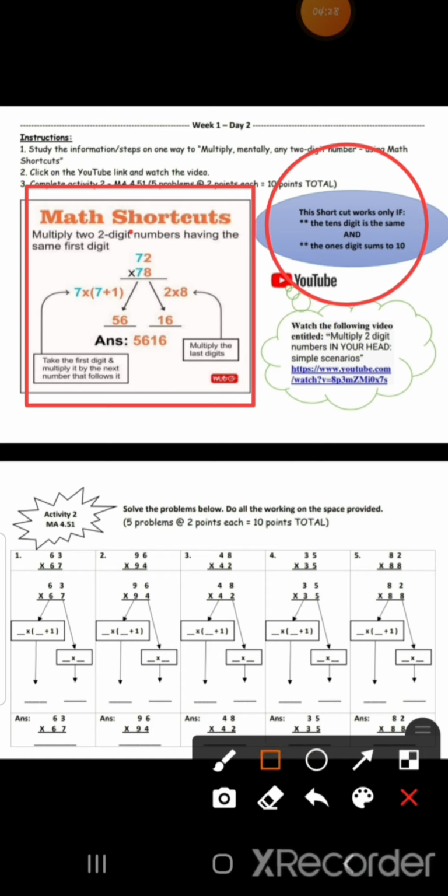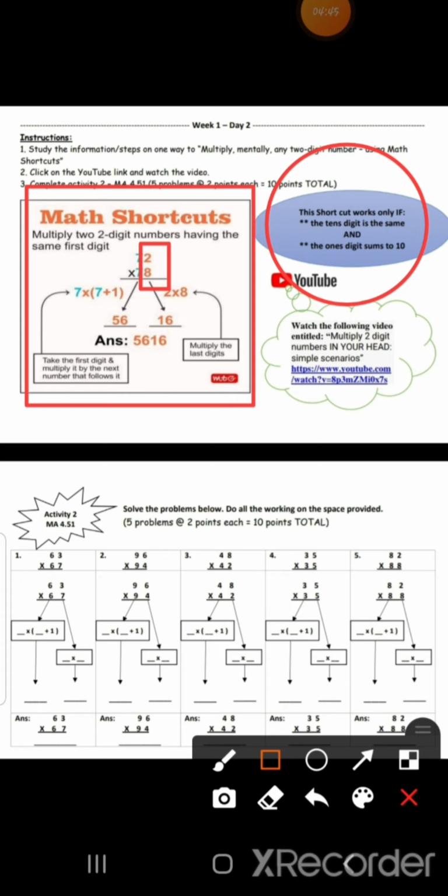Like for example here, the 7 and the 7 are in the tens digit, they are the same. And if the ones digits sum up to 10. So you see the 2 plus 8 will give me the value 10.